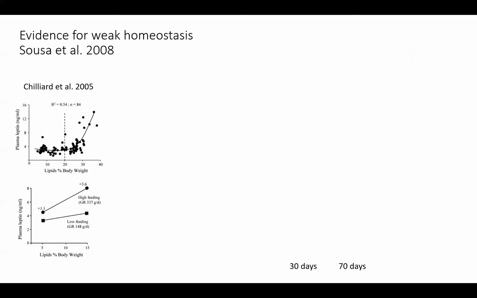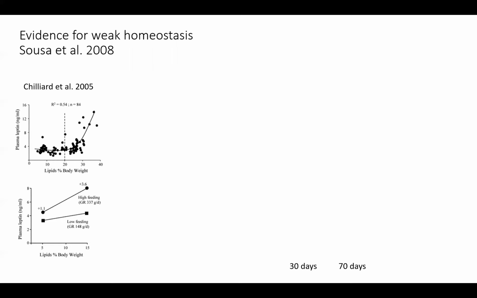And I looked into evidence for weak homeostasis in Sousa et al., and it's not really convincing, at least not to me. For example, the Chilliard et al. paper, there really is no functional response here, just one constituent and the other constituent, it's flat and then jumps up. There are two time points in plasma leptin, lipids, body weight measurement, but that doesn't look like convergence to me. It's still changing.